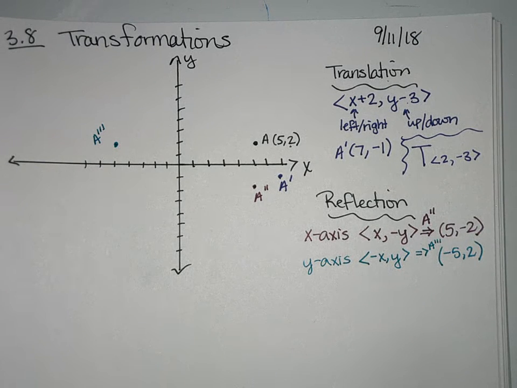I know it might not look it on this one just because my spacing is different on either side, but if you did this on a real graph, it would match up. So that's all there is really to translations and reflections. When we're doing these, you're usually going to do a translation followed by a reflection, or just one at a time.